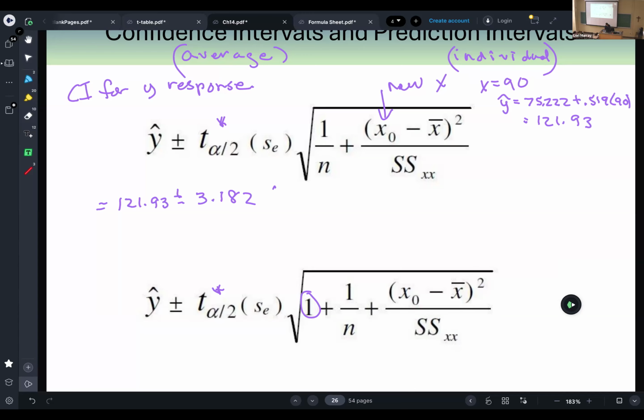And then we know our SE, which is the standard error of the model. What did we use for that? Was it 0.36? And then we've got 1/5 plus 90 subtract the average, which was 62 minutes, squared, divided by 4480.